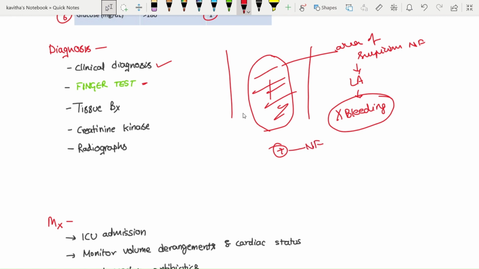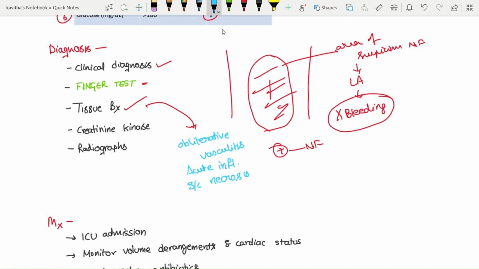That is the finger test. Next, tissue biopsy. You can also send the tissue for histopathological examination, where you can see obliterative vasculitis of subcutaneous vessels and acute inflammatory cells, and subcutaneous necrosis can be identified.